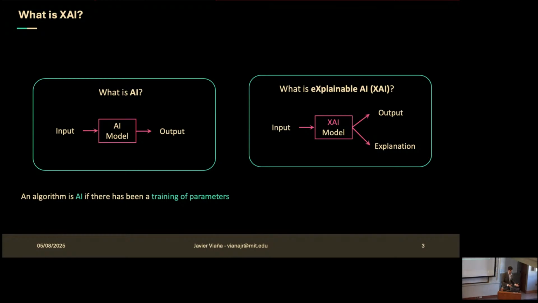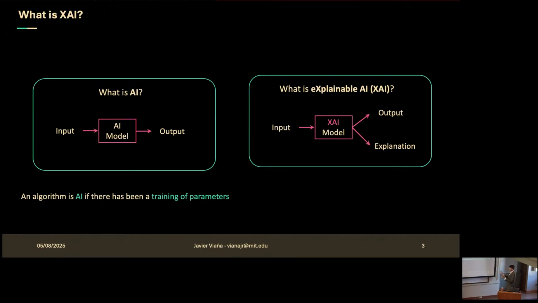So if you have some training, if you have some parameters that have been updated in there, then we consider that some form of AI, right? You can think of it as a linear function, as a linear fit. To me, that is a model of artificial intelligence, very simplistic, probably the simplest out there. But you have a trained model, a parameter or a set of parameters based on some data, right?